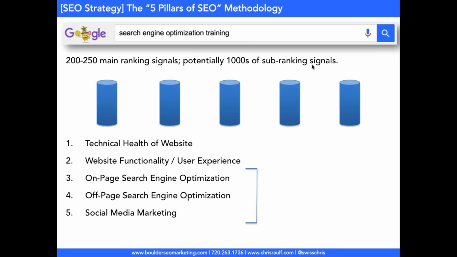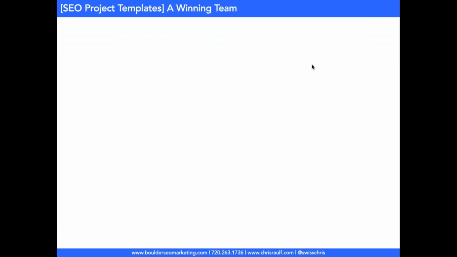And then, love it or hate it, social media marketing has to be part of your overall digital marketing and SEO strategy. And then, of course, the foundation of SEO is a very strong content marketing strategy. There's no SEO without content marketing.